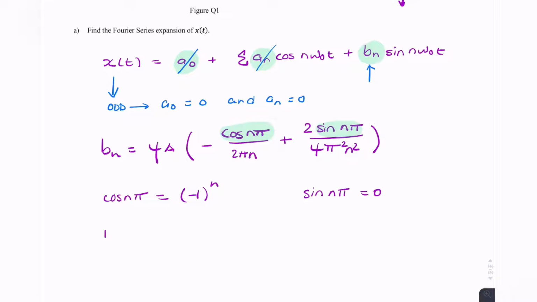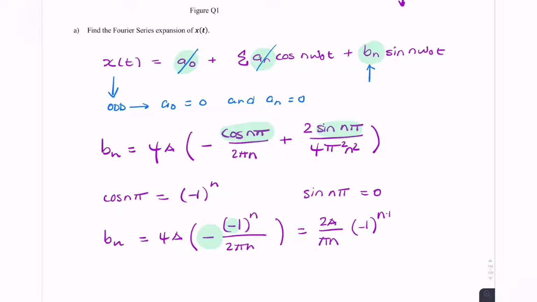So now we can rewrite bn as 4a minus 1 to the power n over 2 pi n plus 0. And you can add that minus to that minus, and you have 2a over pi n times minus 1 to the power n plus 1. So that's my b term.